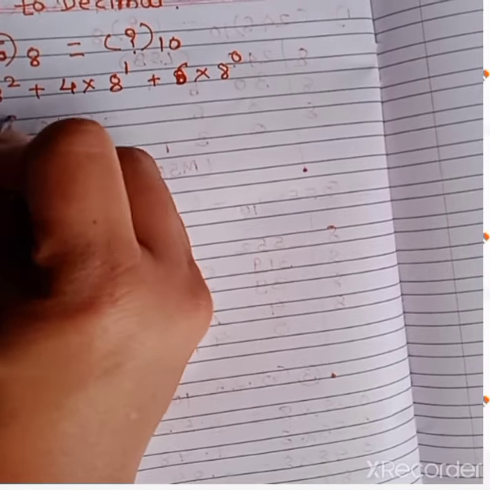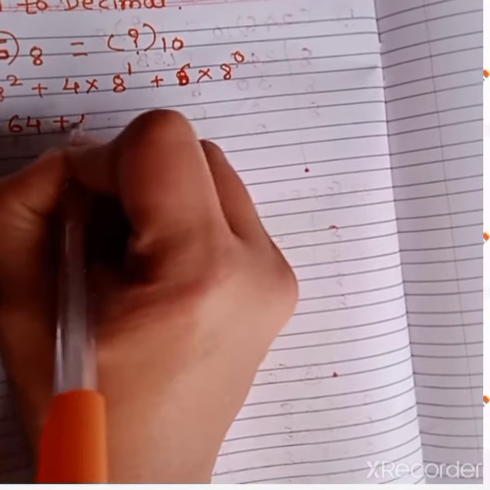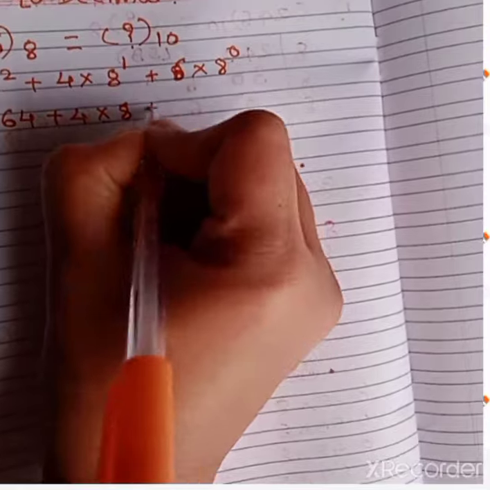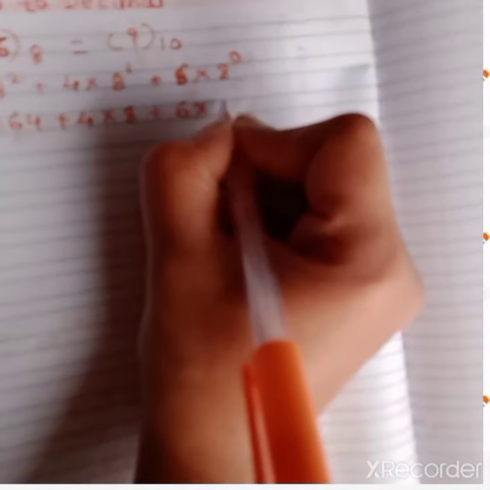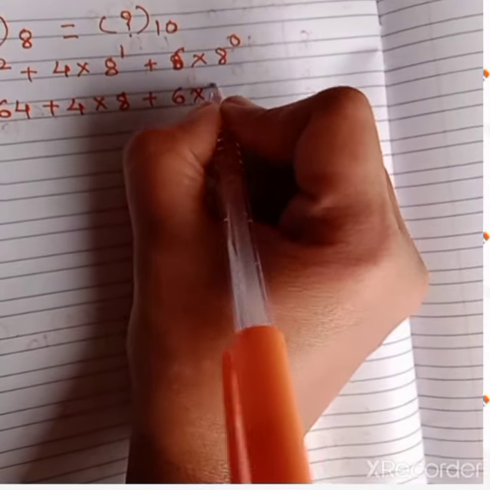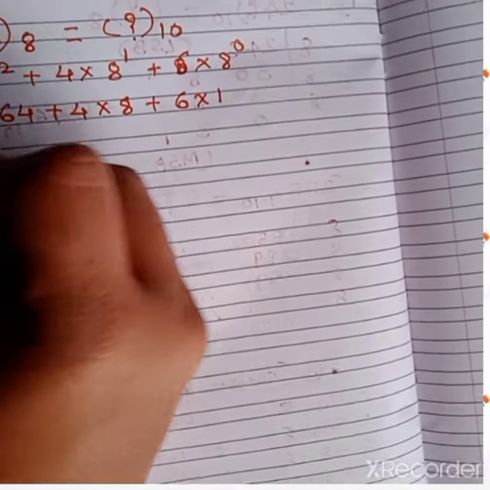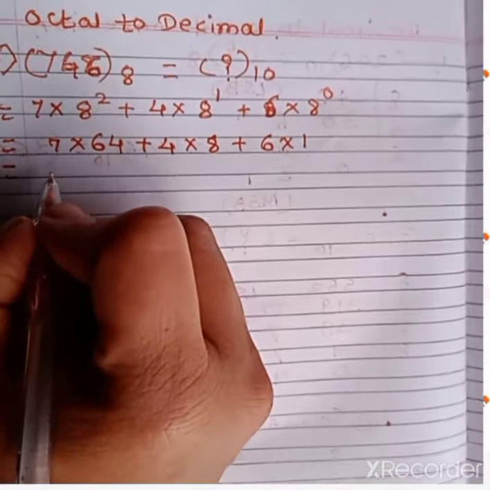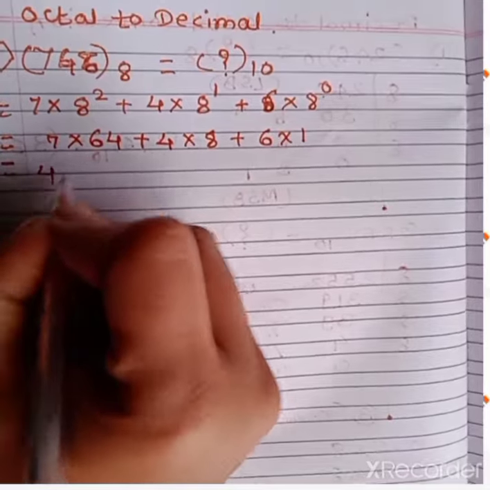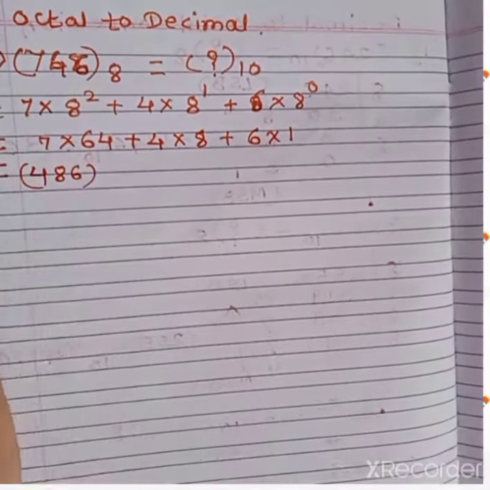So 7 multiplied by 64 plus 4 multiplied by 8 plus 6 multiplied by 8 raised to 0, which means 1. So finally, after calculating this number, the answer is 486 to the base 10.